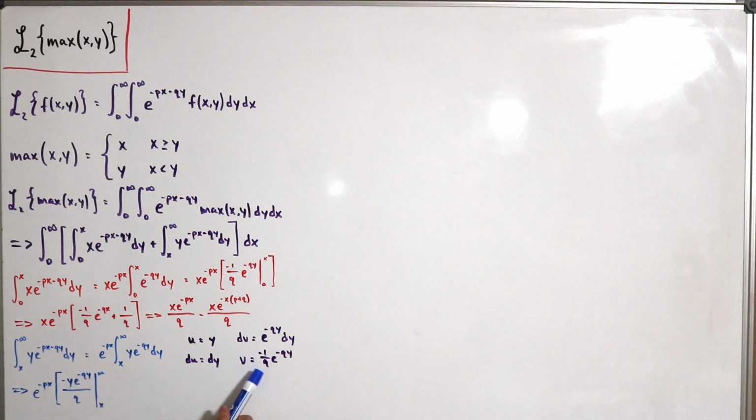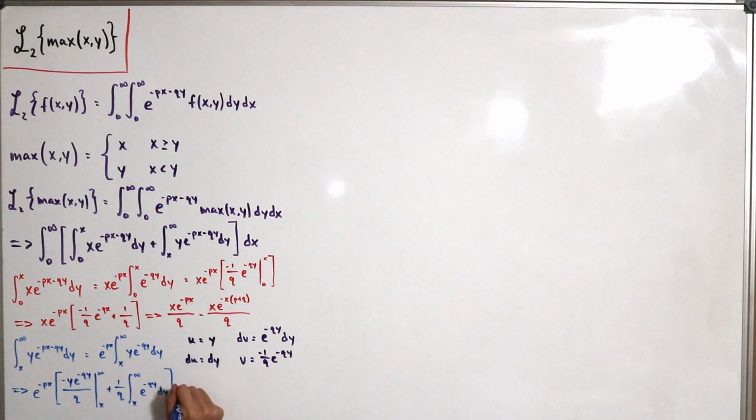Now this is v times dy, so it's minus, but I can factor out the negative as well as the -1 over q, since we're integrating with respect to y, so that's a constant. Then this changes to a plus 1 over q, and the integral from x to infinity of e to the negative q times y dy. Calculating this integral is not that hard.